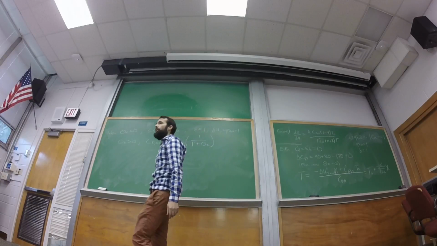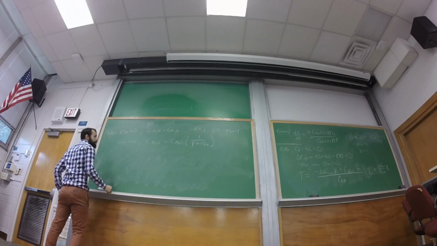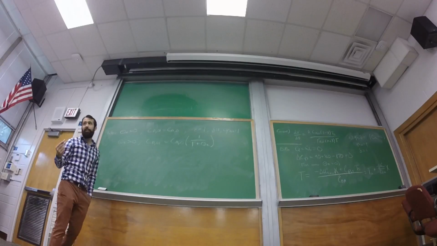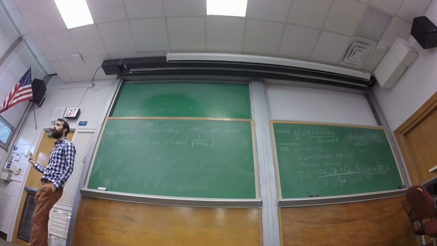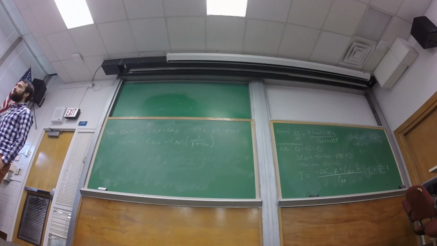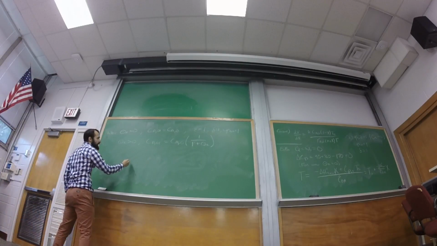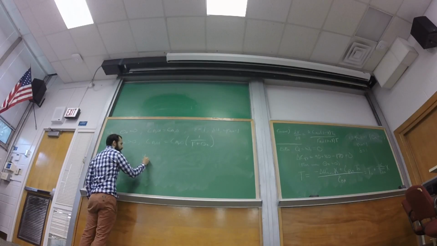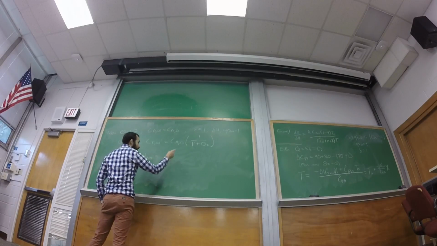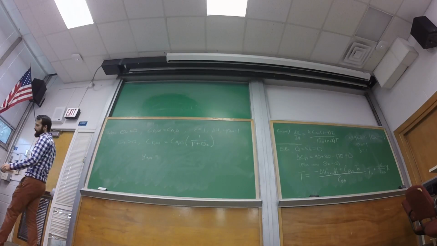It was pure. So epsilon, delta, does delta change? No, right? Delta is a property of the reaction. We haven't changed the reaction. But what changes now? YA naught is no longer just equal to 1.